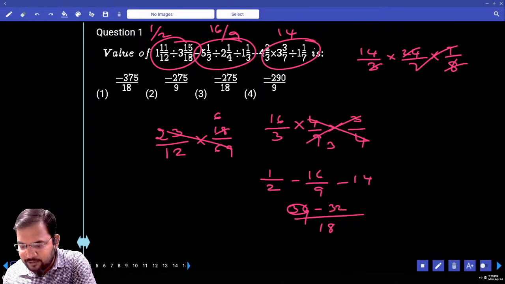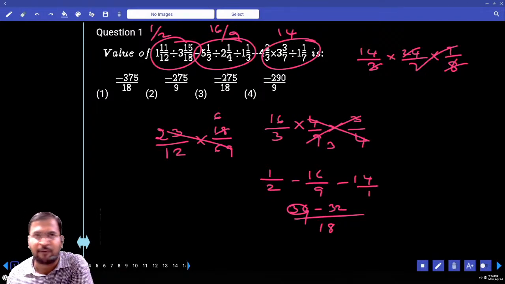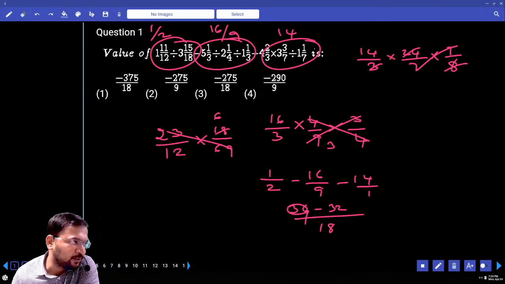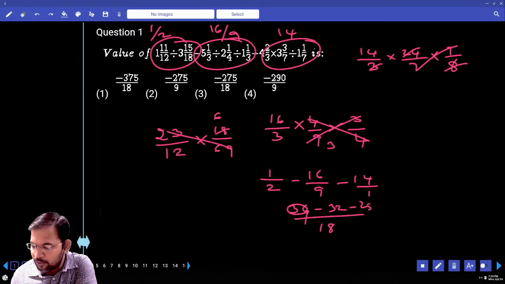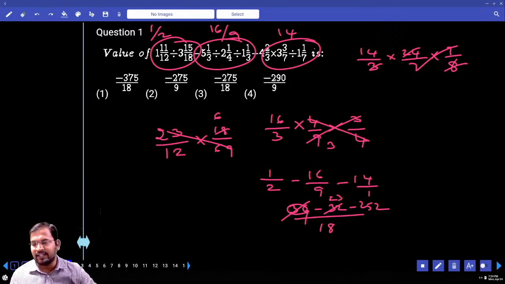This is also minus, yes? So 18 14 times: 18 10 times 180, 18 4s are 72, 72 plus 180, 252. If you cancel 9, the remainder is 23. 23 plus 252, 275, 275 by 80.